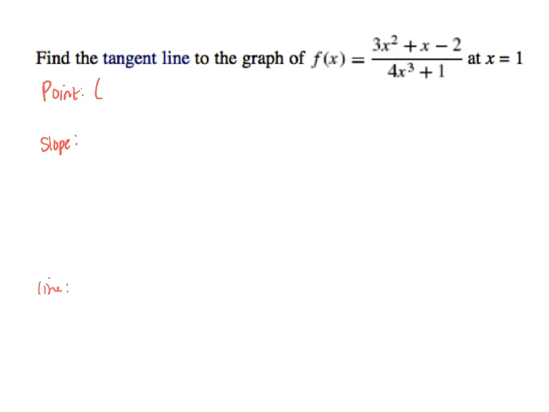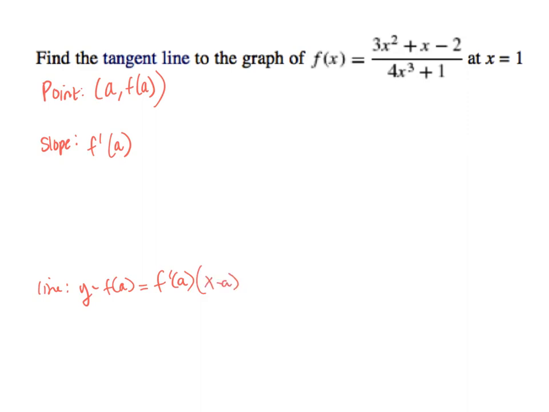So the point is coming from our original function, a comma f of a. The slope is coming from the derivative, and the line is putting that together. So y minus f of a equals f prime of a times x minus a.